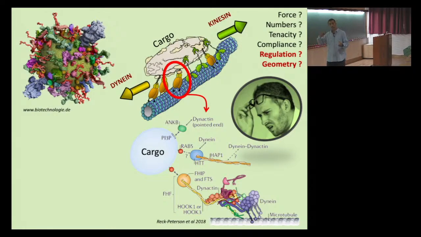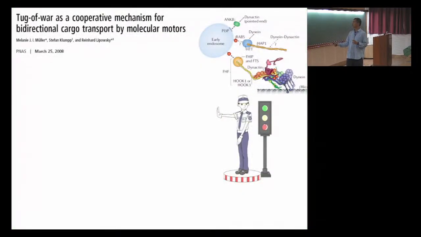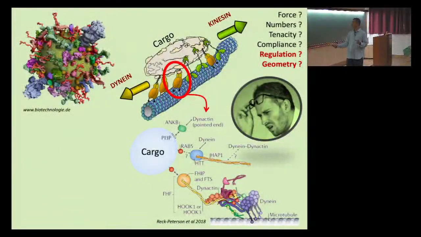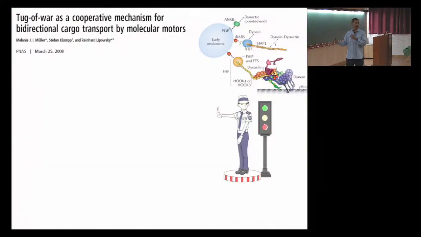And they might bind in a mutually exclusive manner in response to a phosphorylation or addition of some ion. So it is quite possible that there is a traffic cop. That's what has been shown here. Think of these proteins as traffic cops who will give the red signal to one motor and the green signal to another motor. Okay, so there's a regulatory complex which sits on top and tells you go and you go.